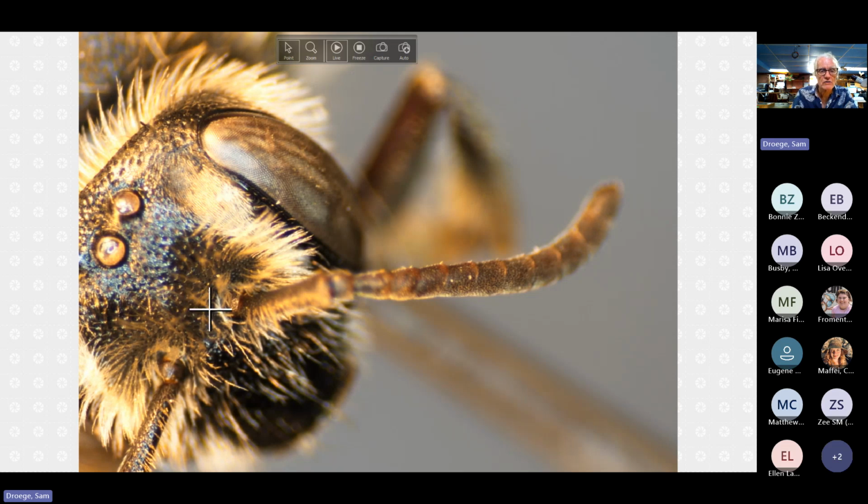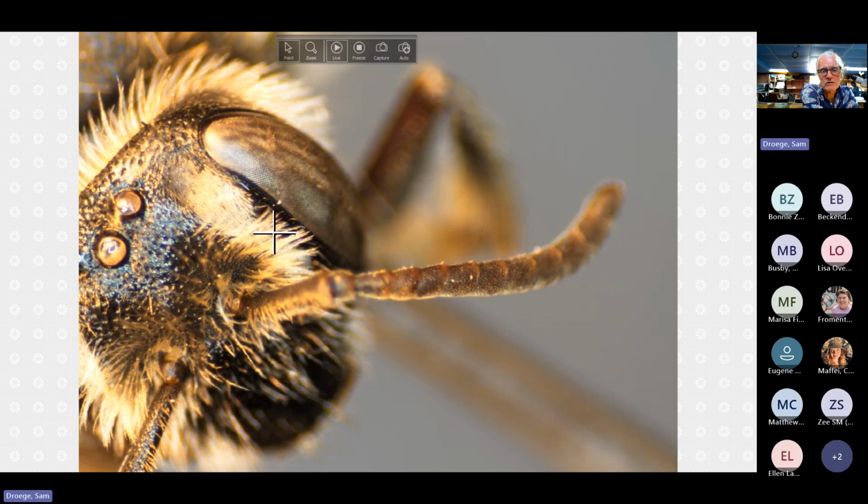Here, these long hairs sticking out of the front of the bee are interfering with seeing the bottom part. We'll try and find that. But just for reference, here's the rim of the eye. Here is an antennal socket down here. And when we go across here, we see that the edge goes interior and bends to the inside and then comes back down.